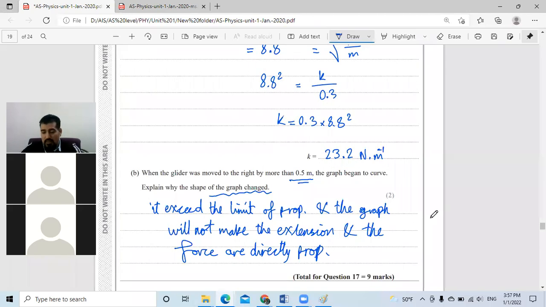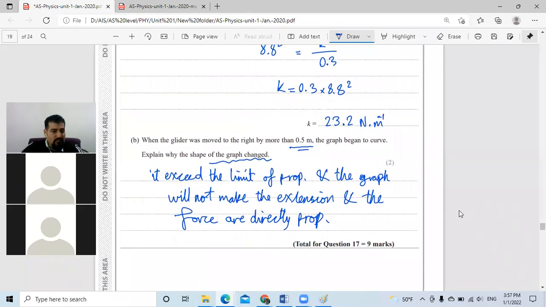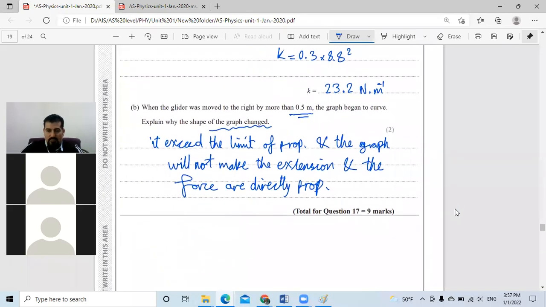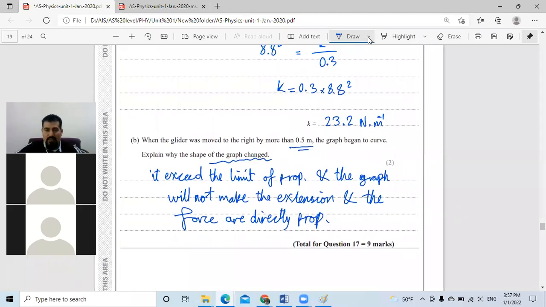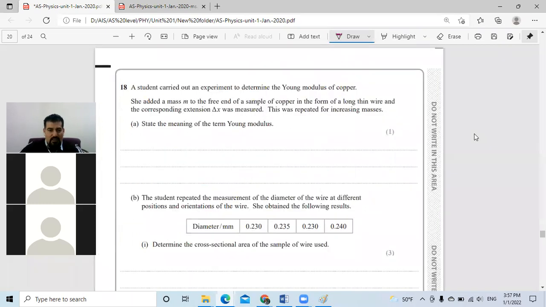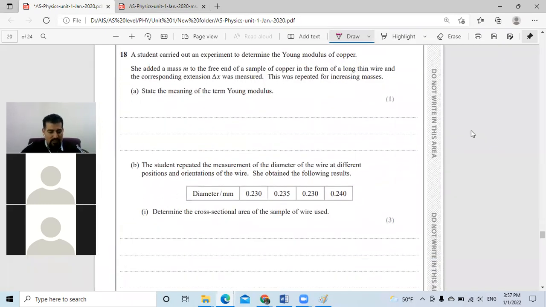That means Hooke's law is not obeyed anymore. Any question? Okay, let's move on to question 18.